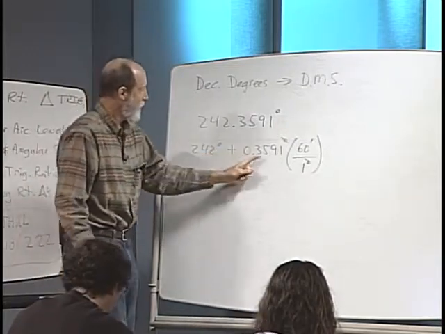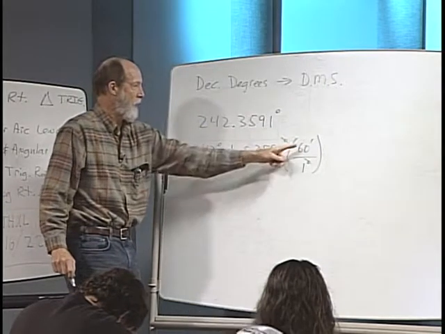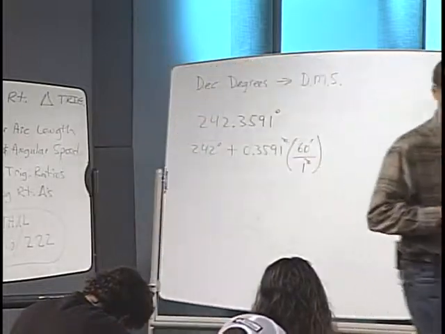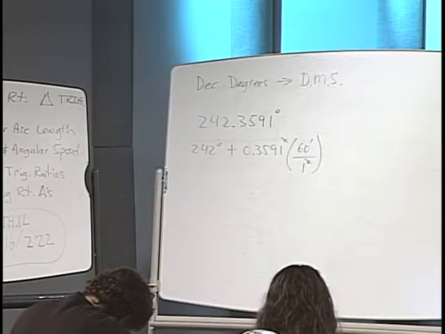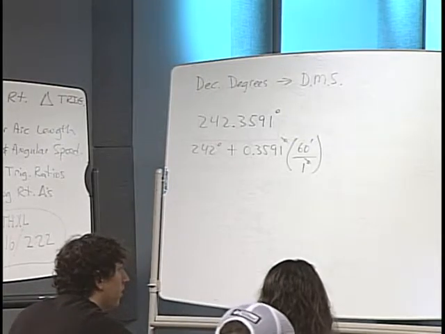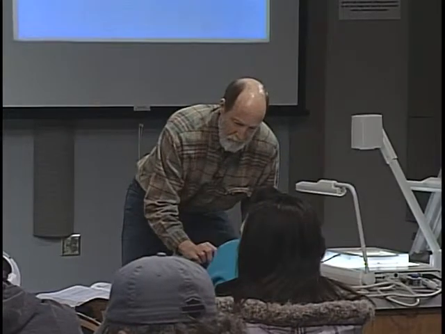If we use our calculator, we punch 60 times this decimal portion, and that gives us a number of minutes. Let me quickly do that. So we have 0.3591 times 60, and we get 21.546.